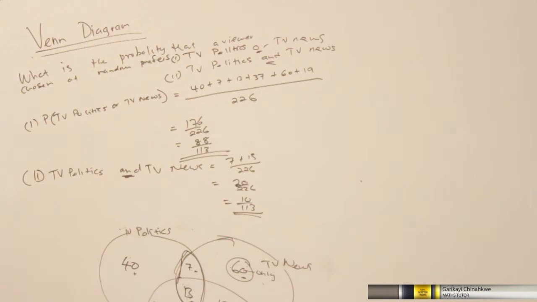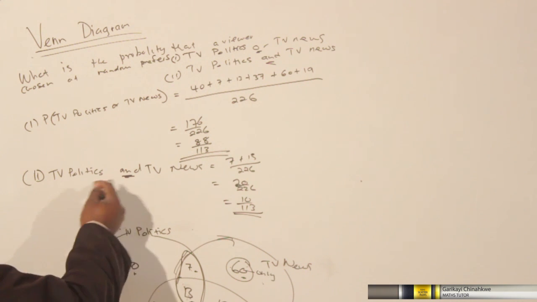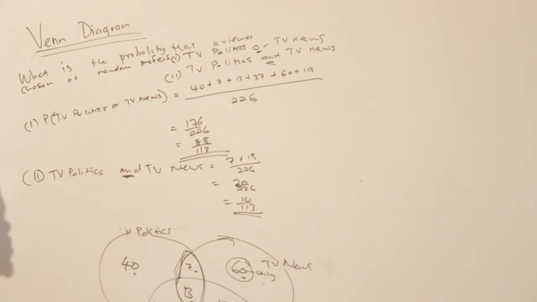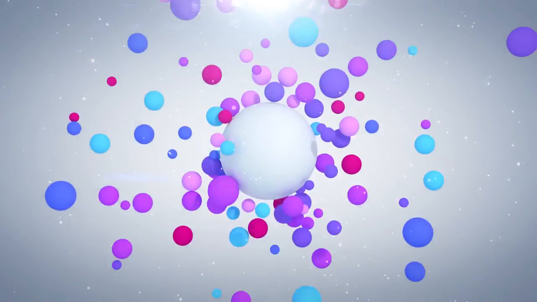So you must be careful with and or or, those are two different ones. If they say and, it's only that section where it's intersecting. If they say or, it's everything that is in TV politics and everything that is in TV news. You add it.